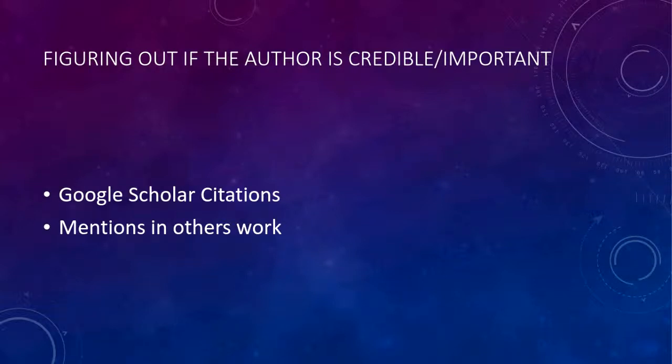An example of this from my dissertation: I was looking at work-life balance, and I had found a bunch of articles and read them, but I saw that this one author, Nippert-Ening, had been cited in almost every article I read. And so I thought, well, who is this person?